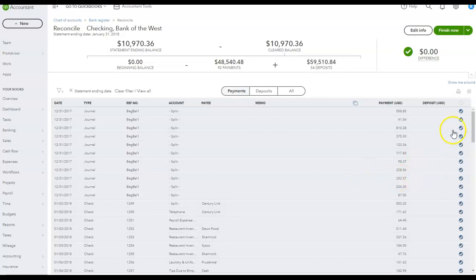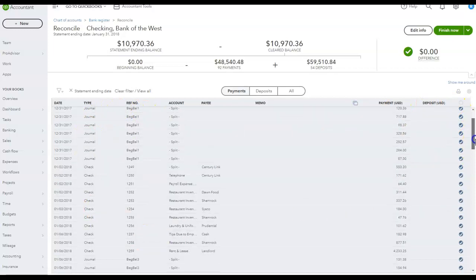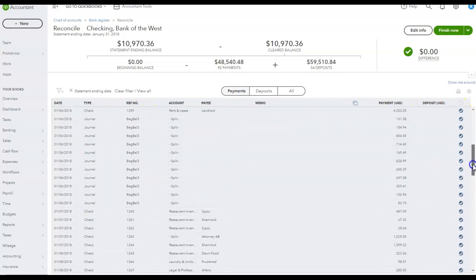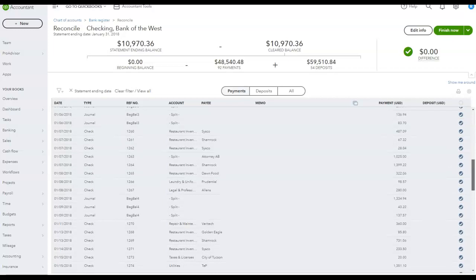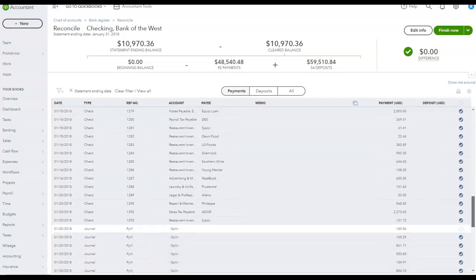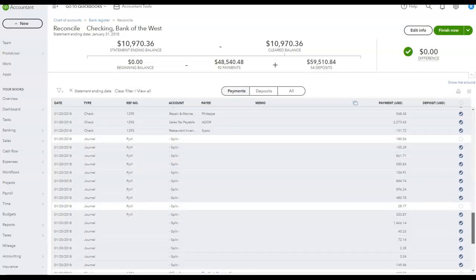So when we're finished, if we look down through here, it's always good to scan this to make sure that the things that should have cleared actually did. If you have a lot of stuff up here that didn't clear the bank statement, then there's probably something wrong with it, and you want to investigate each one. The only ones that didn't clear should be towards the end of the month. Like there was a payroll check that didn't clear, which is very common in the restaurant industry because their payroll checks are typically pretty small.